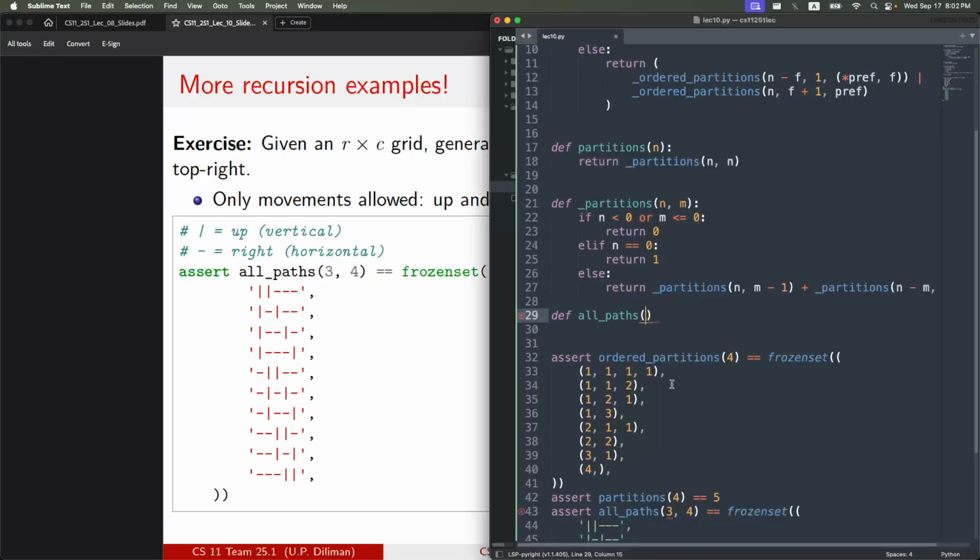So if we start from the bottom left, only movements allowed are up and right, to the top right.